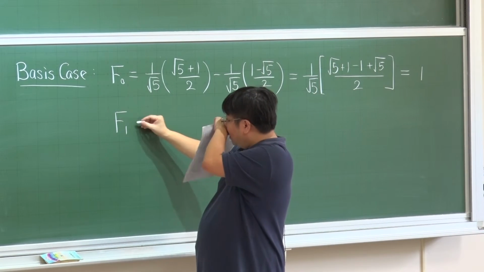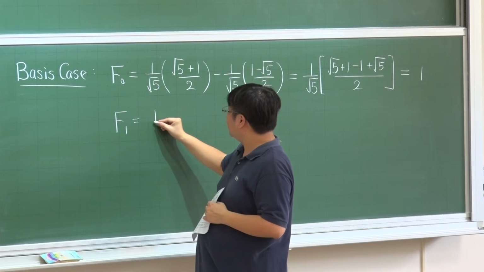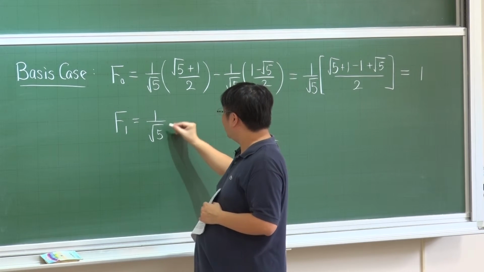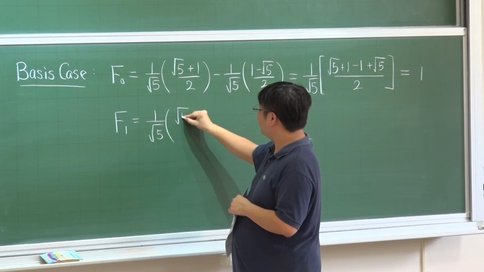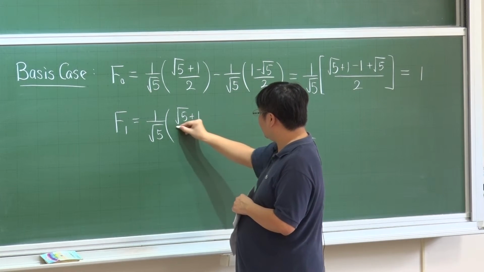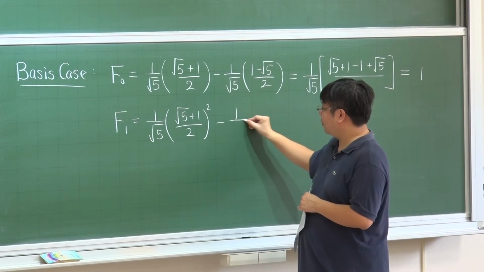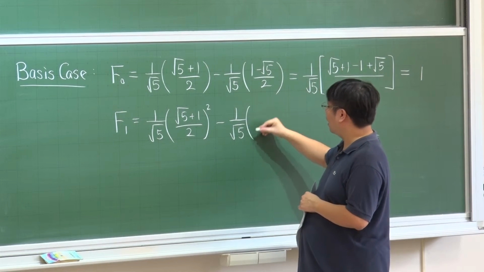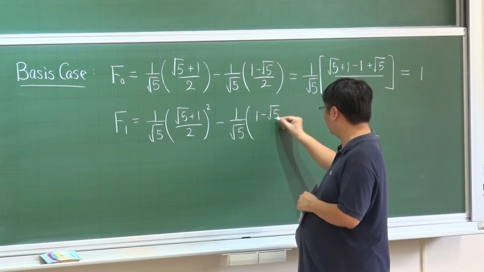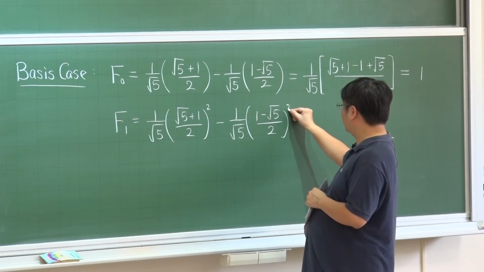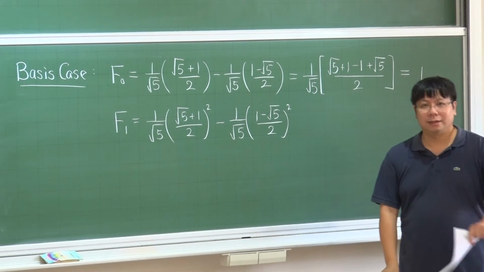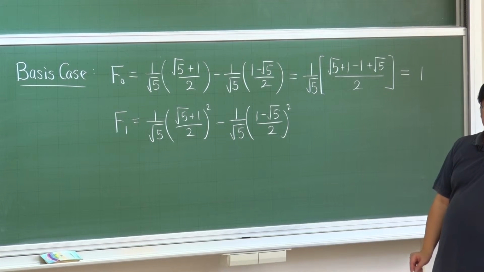F1 is equal to 1 over square root 5 times the bracket square root 5 plus 1 divided by 2, squared, minus 1 over square root 5 times 1 minus square root 5 over 2, squared. Wow, difficult.